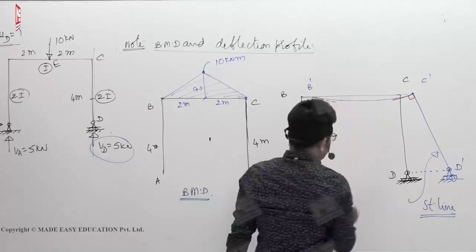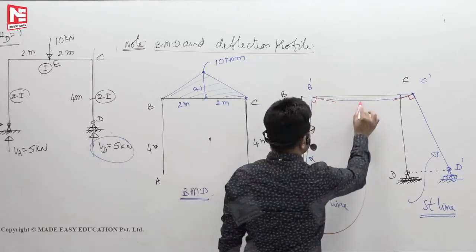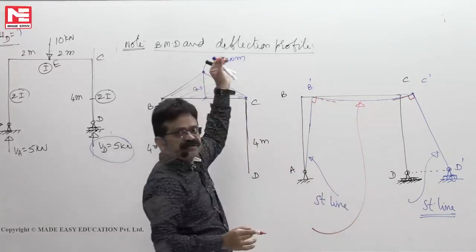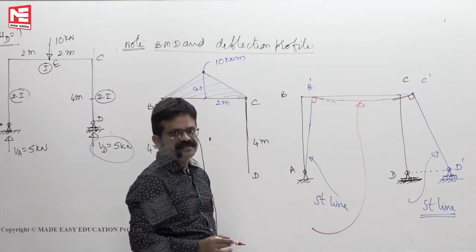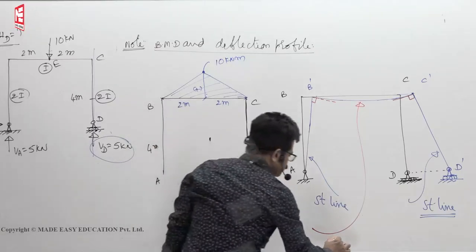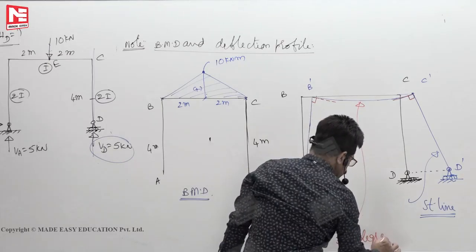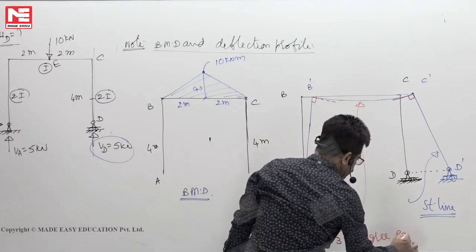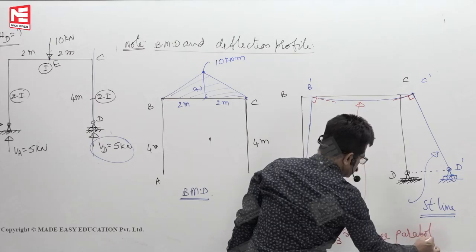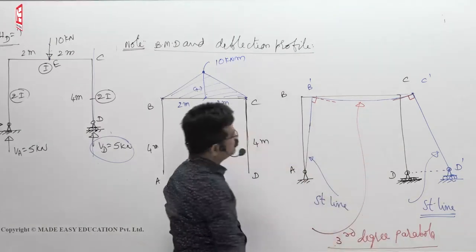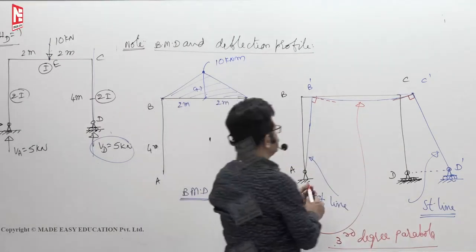So what degree curve is it? Due to point load, the deflection curve is always a third degree curve, or we can say a third degree parabola. Then what is the deflection?